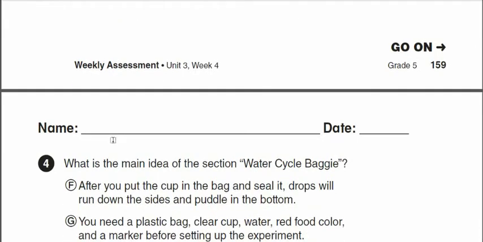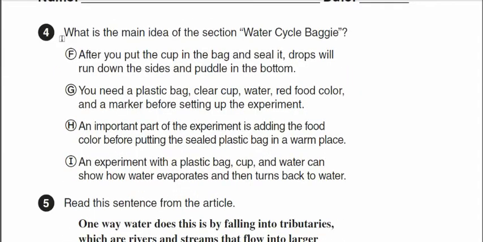After that, page 160, question number 4. What is the main idea of the section water cycle baggie? The choices: F. After you put the cup in the bag and seal it, drops will run down the sides and puddle in the bottom.